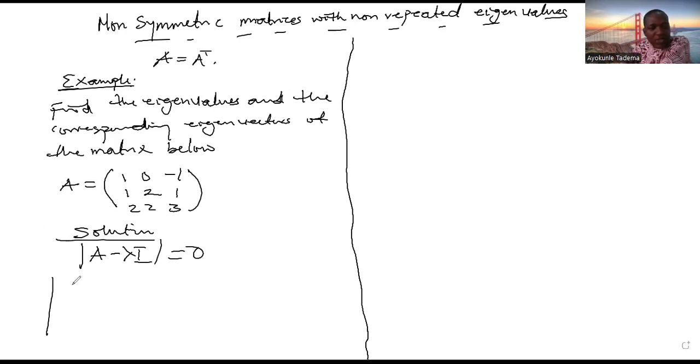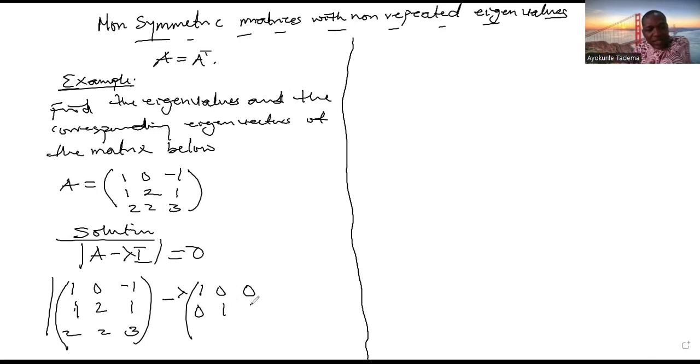And matrix A is 1, 0, minus 1, 1, 2, 1, 2, 2, 3, in brackets minus lambda of I. What's I? The identity matrix. And since this is 3 by 3, your identity matrix needs to be a 3 by 3 identity matrix. And this equals 0.